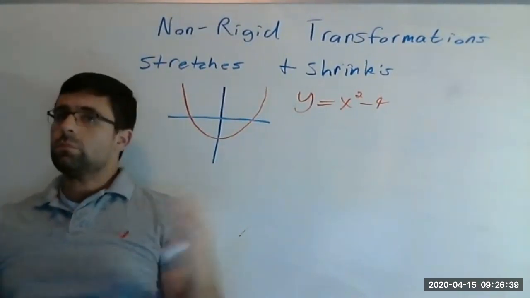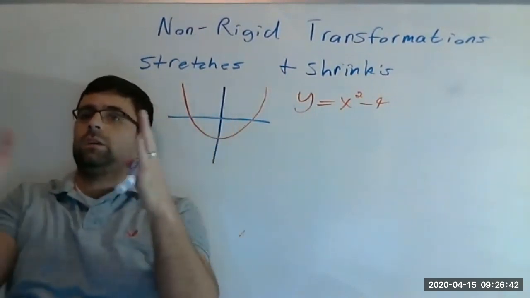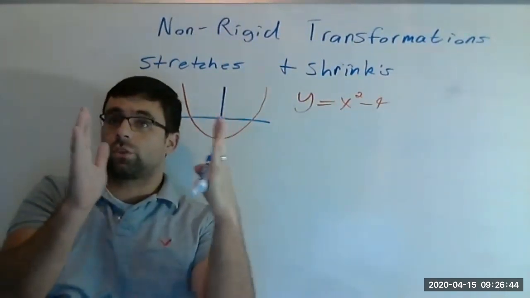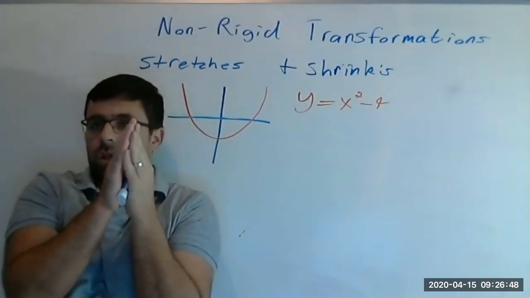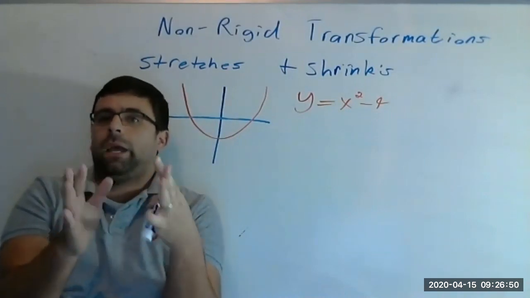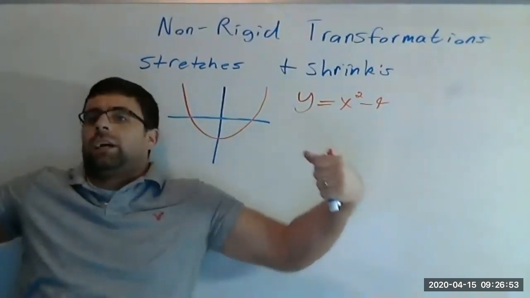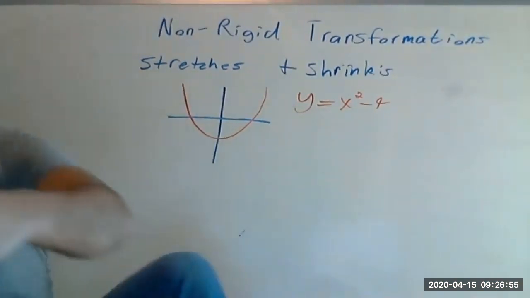Vice versa, if you want to make the graph look squished, you don't actually make the graph smaller. What you do is you take the graph paper and you stretch it out. Here's what I mean.